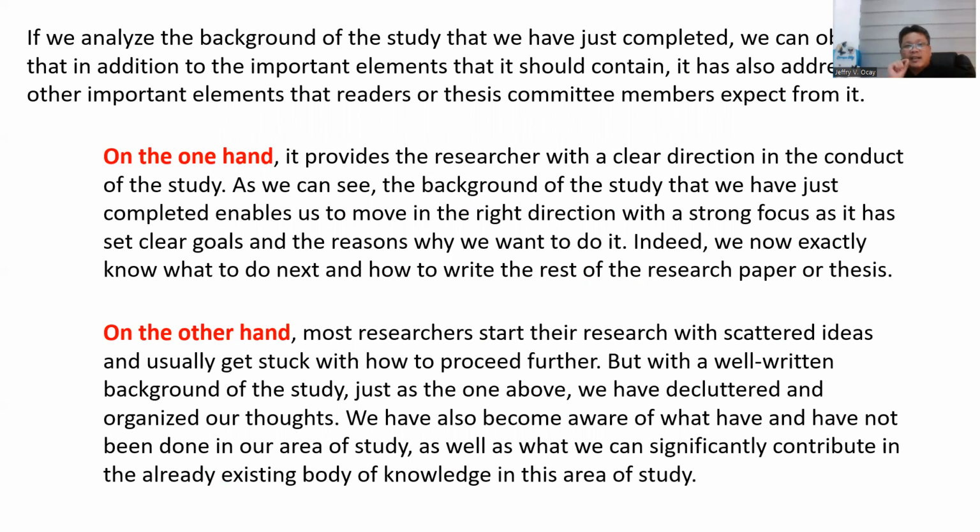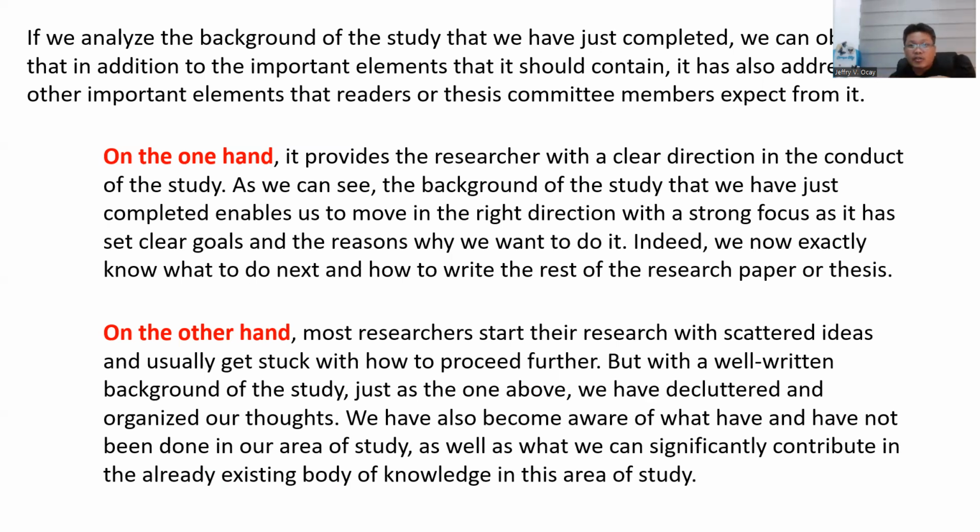As we can see, the background of the study that we have just completed enables us to move in the right direction with a strong focus, as it has set clear goals and the reasons why we want to do it. Indeed, we now exactly know what to do next and how to write the rest of the research paper or thesis.